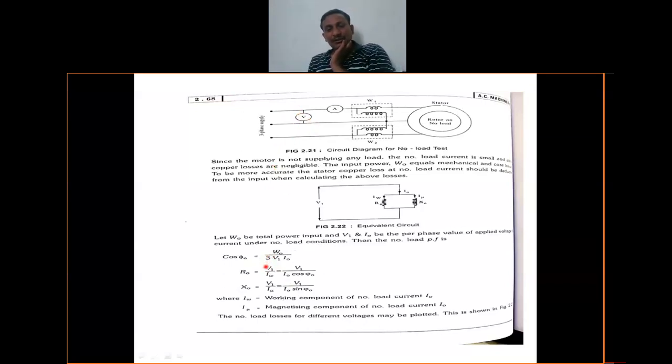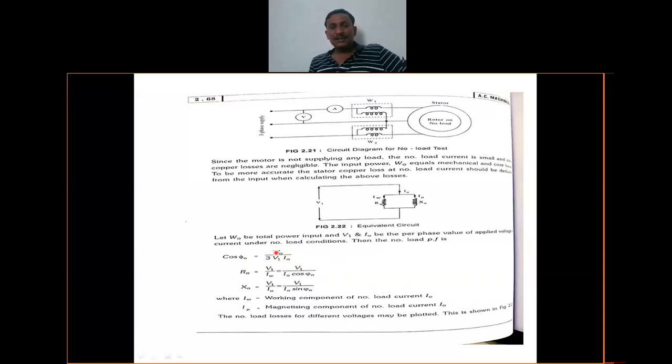You can follow either root 3 or 3, just remember: if you take phase voltage, you use 3; if you take line voltage, you use root 3. A simple formula: root 3 VL IL cos phi.